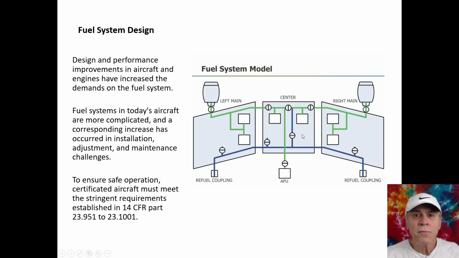All right, here's an illustration of a typical fuel system in a multi-engine aircraft. You can see the engines, the left main and the right main at the top of the screen.